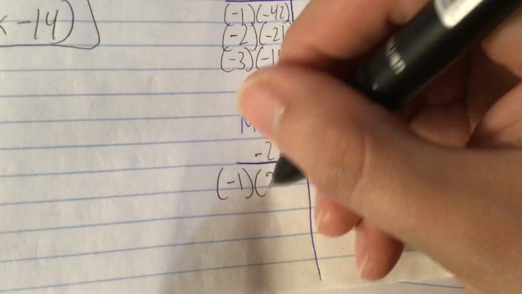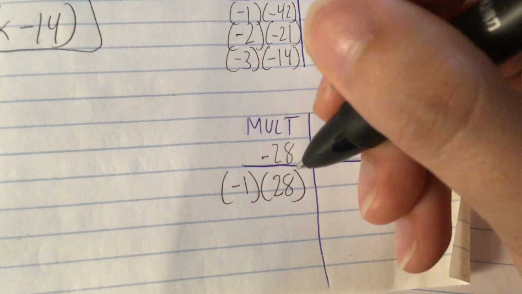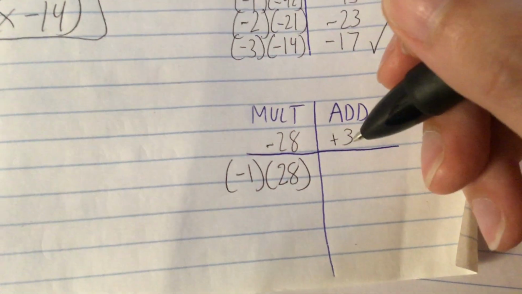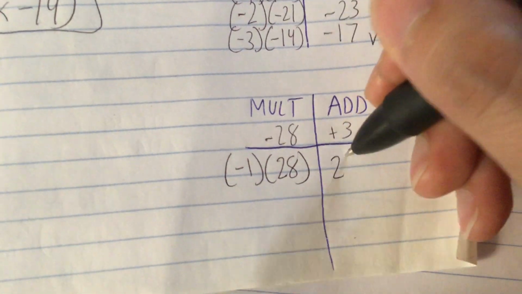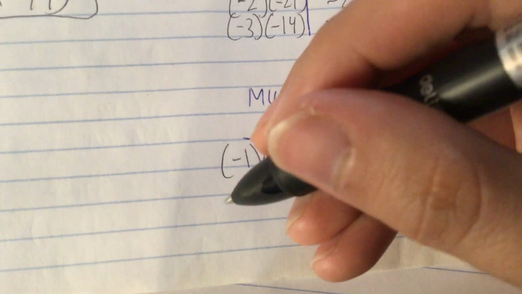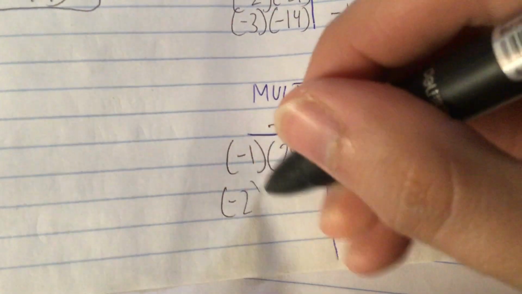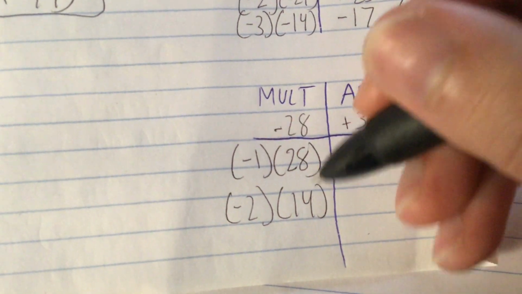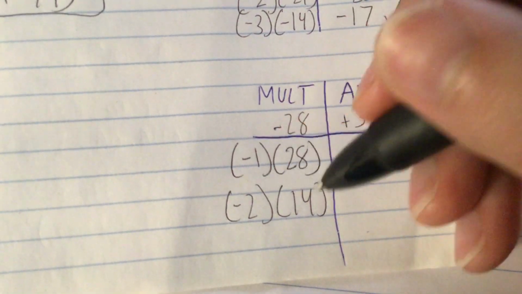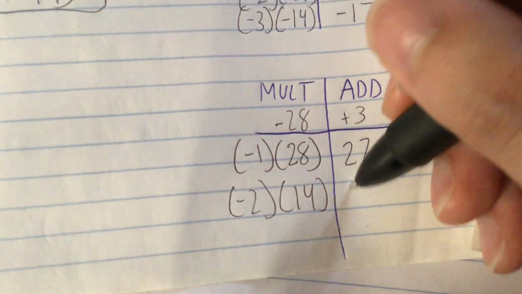Negative 1 and positive 28. Negative 1 times positive 28 is negative 28. But negative 1 plus 28 is positive 27. Negative 2 and positive 14. Negative 2 and 14 multiply to make negative 28, but they add together, negative 2 plus 14 to make 12.